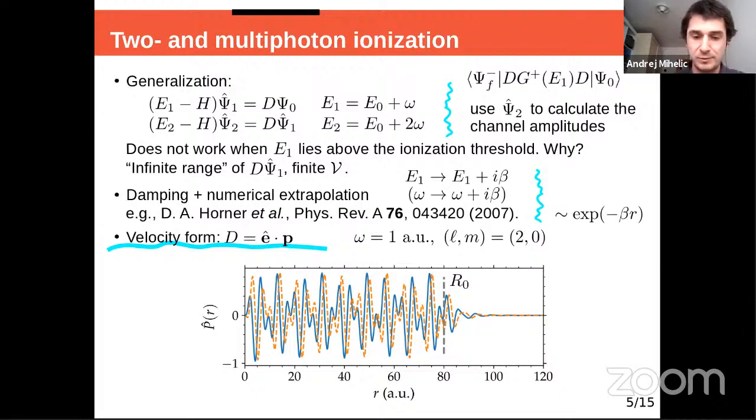I will give you an alternative way of calculating these two and multiphoton amplitudes. Let me start by saying that we will concentrate on the velocity form of the dipole operator from now on, and the reason for this will become clear soon.